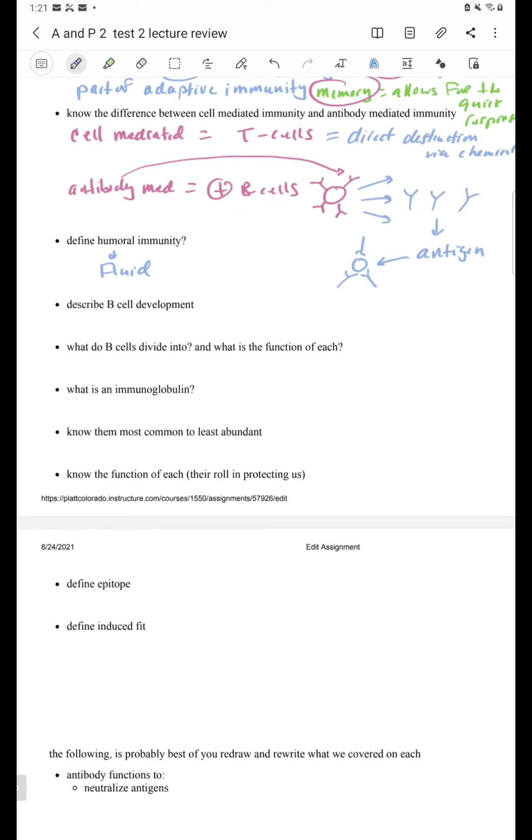Humoral immunity is in the blood, which you can look at as a type of fluid, and it's also known as the antibody-mediated immunity.